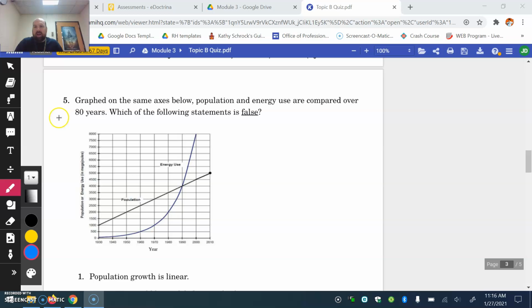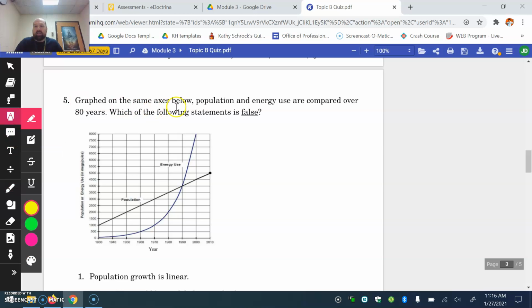Question 5. Graphed on the same axes below, population and energy use are compared over 80 years. Which of the following statements is false?